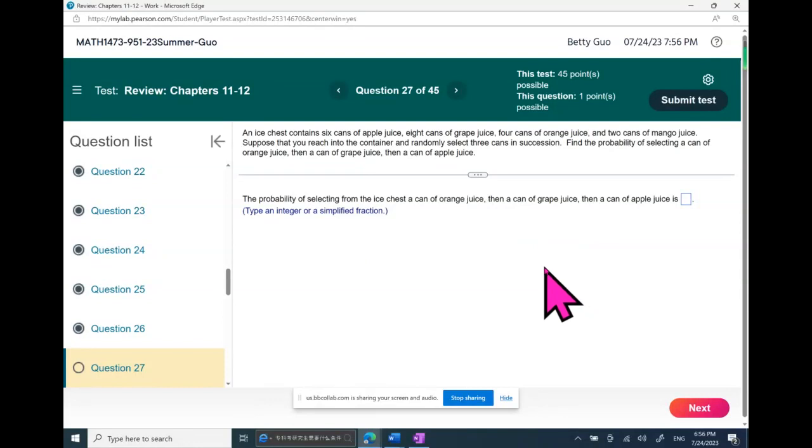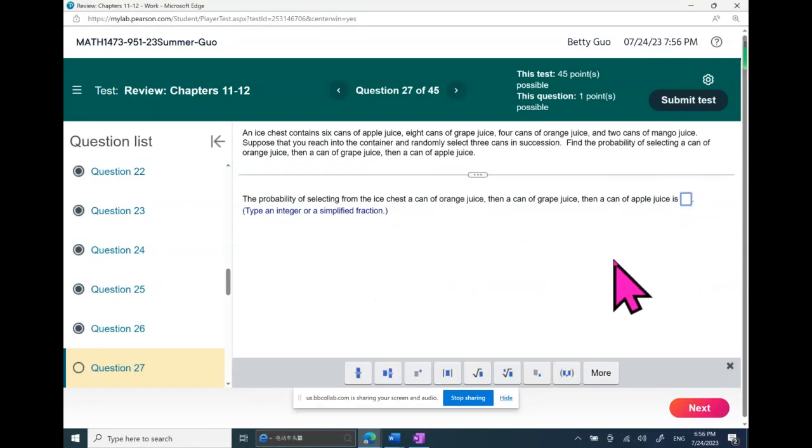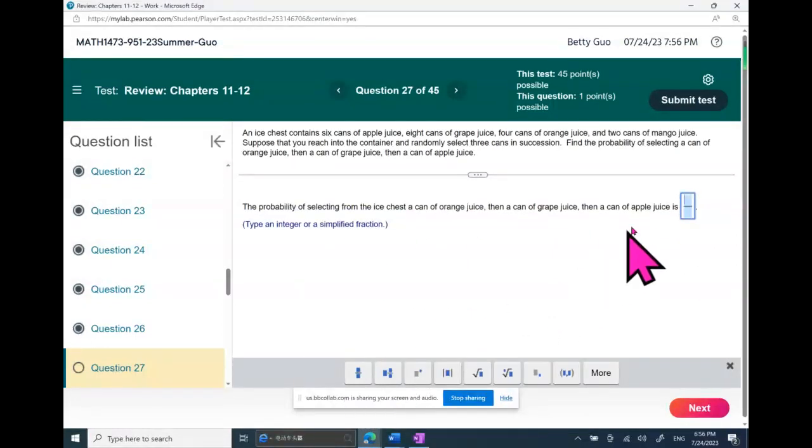Find the probability of selecting a can of orange juice, then a can of grape juice, then a can of apple juice. Okay, how many steps here? 3 steps. By the fundamental counting principle or multiplication rule, we are going to have 3 probabilities multiplied all together for the result.